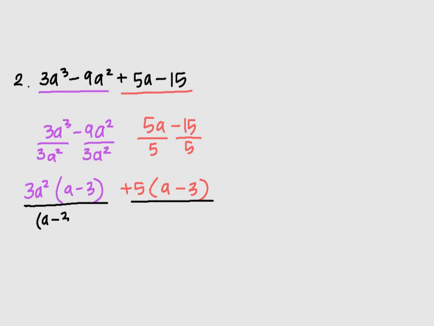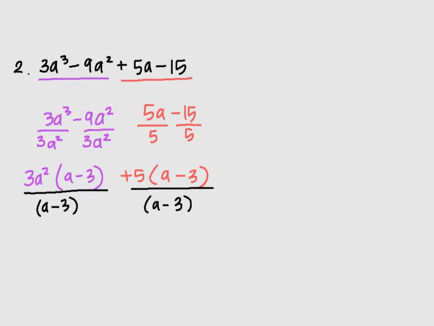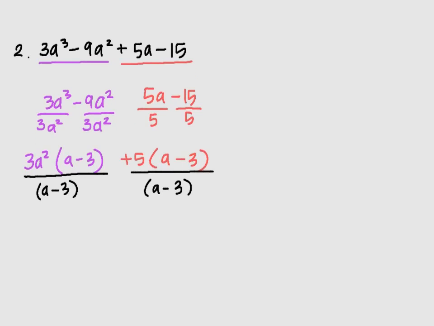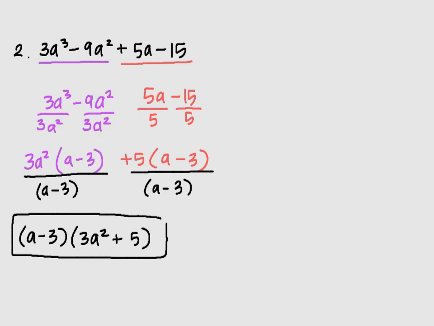When I factor out an a minus 3 from the first term, I have 3a squared times a minus 3 divided by a minus 3, which is equivalent to 3a squared. 5 times a minus 3 divided by a minus 3 equals positive 5. So this is my factored form of the polynomial.